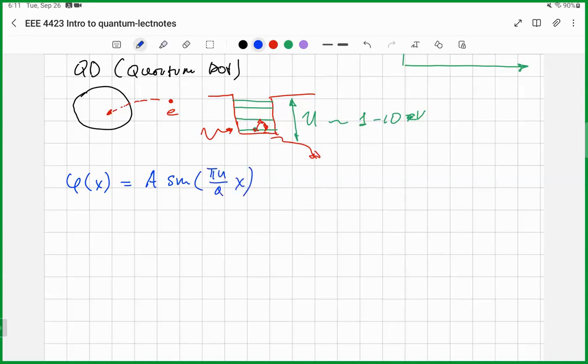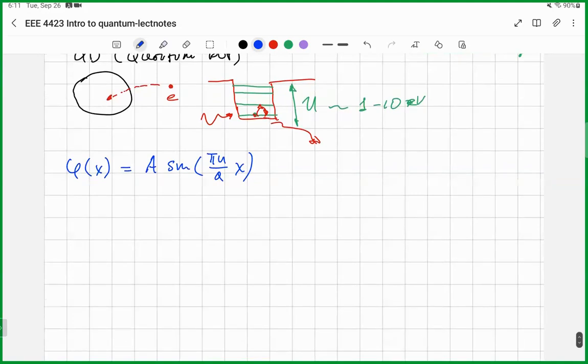All right. And for the absolute value squared of this wave function, we get modulus squared of A, sine squared of pi n over a x.